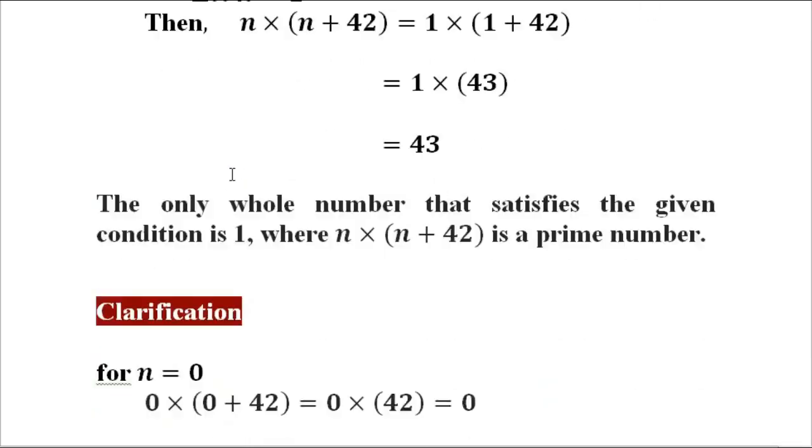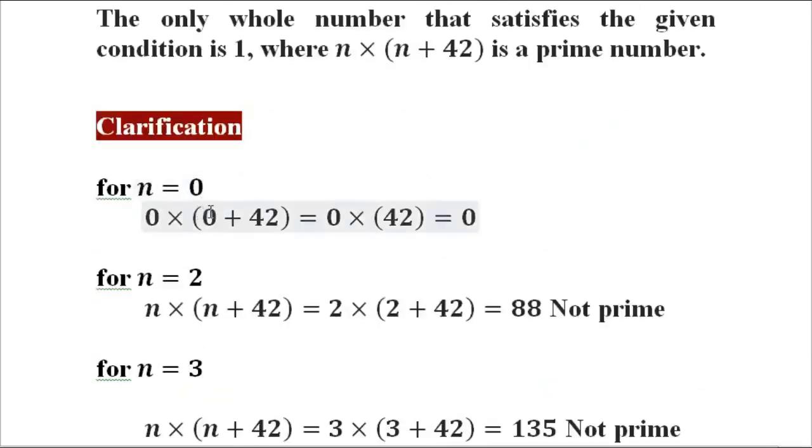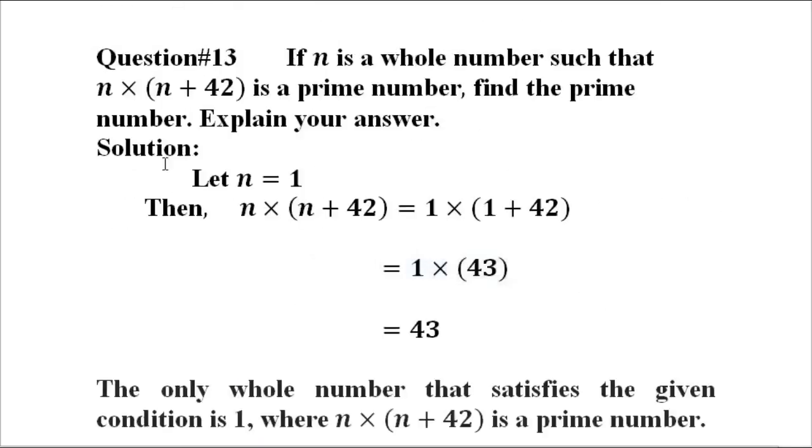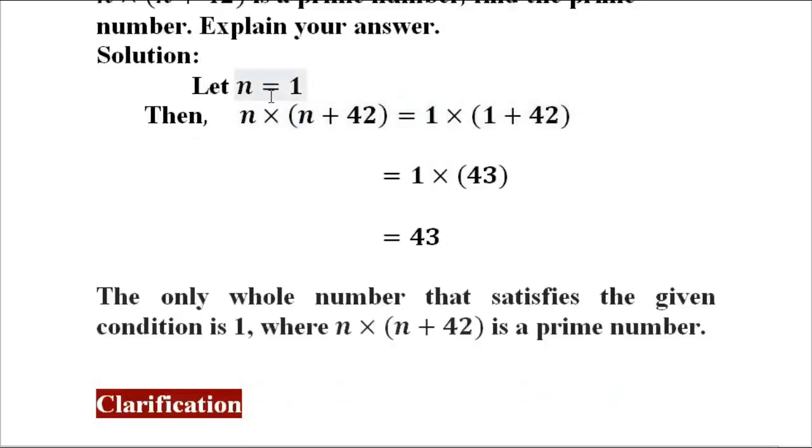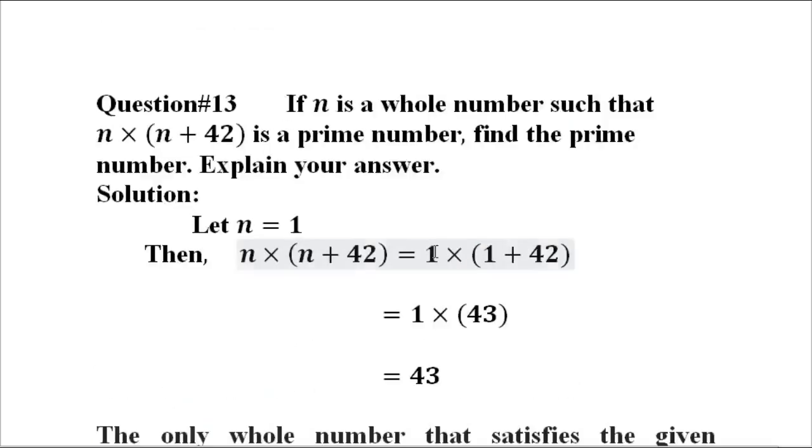If I take n equal to 0, the expression becomes 0 times 0 plus 42, which is equal to 42, which does not satisfy the condition. If I take n equal to 1, the expression becomes 1 times 1 plus 42, which is equal to 43, which is a prime number.